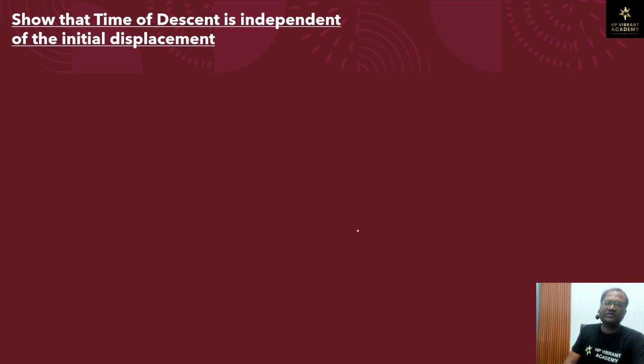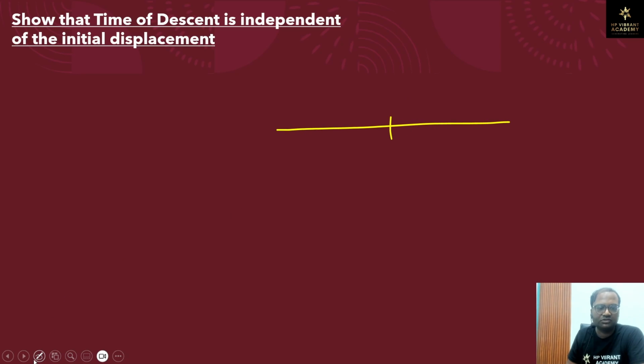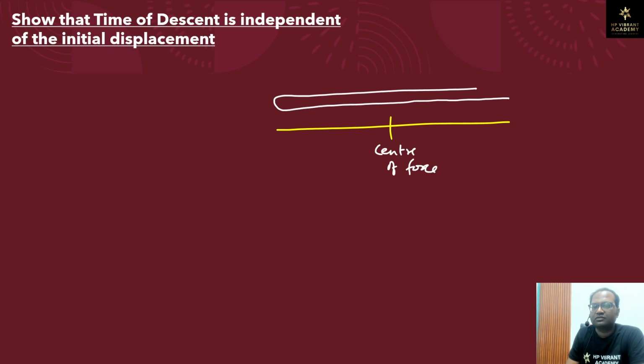So the time of descent is independent of the initial displacement. We have the motion like this. This is our center of force. Our complete oscillation is like this. This is the starting point, and this is the complete oscillation. The time of descent is from here to here. This is T1.